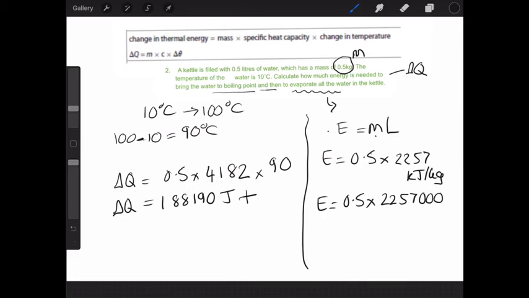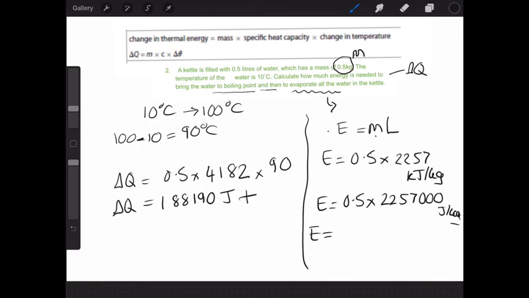There we go. So to work out the energy that I need to evaporate all the water in the kettle, I need to work out the energy required to change the state of 0.5 kilograms of water when water has a specific latent heat of 2,257 kilojoules per kilogram. So I've had to times that by the 1,000 to get it into joules per kilogram there, to keep everything in the same standard units.